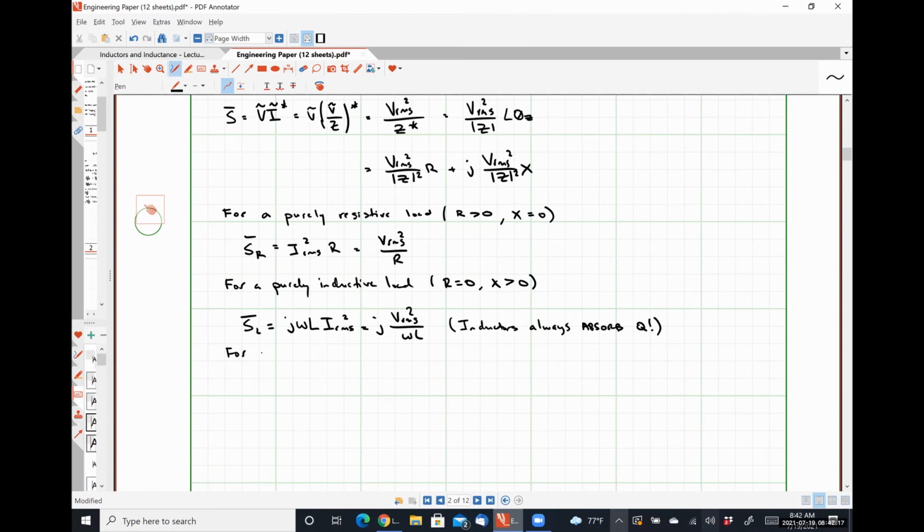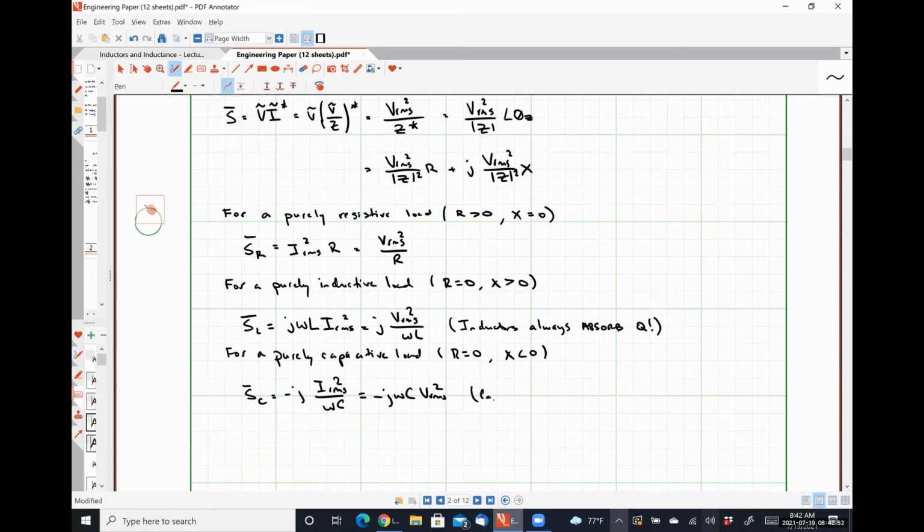For a purely capacitive load, where R is equal to 0 and X is negative, we have S_C equal to negative j I RMS squared over omega C, which is equal to negative j omega C V RMS squared.